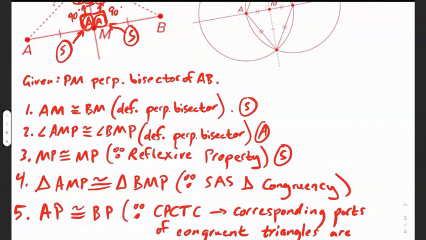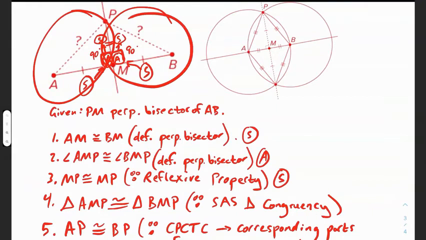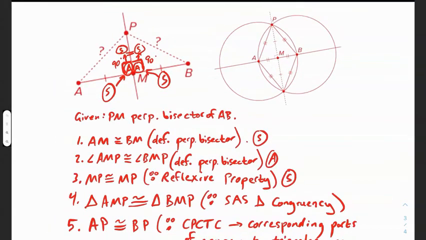And again, that just means that if these two triangles are congruent, right, triangle AMP versus triangle BMP, all right, since those two triangles are congruent to each other, all their parts that are corresponding to each other have to be congruent as well. Okay, so that would be a very good proof, step by step, on why AP would be congruent to BP.